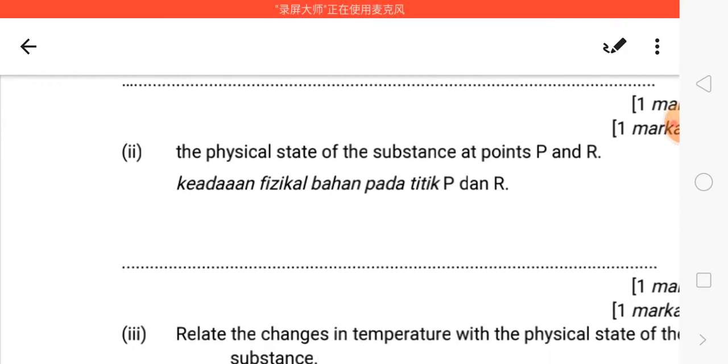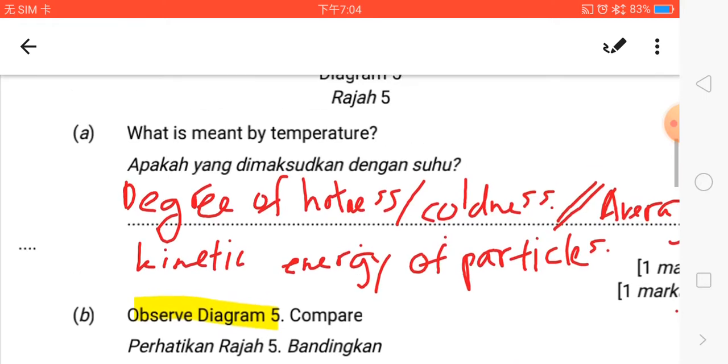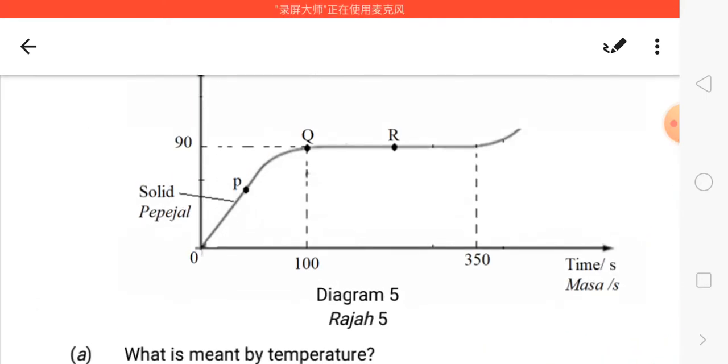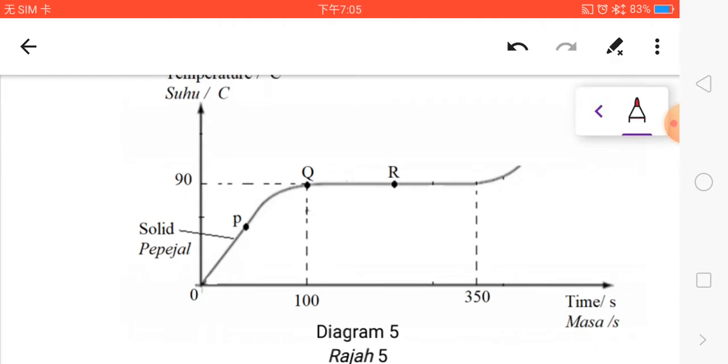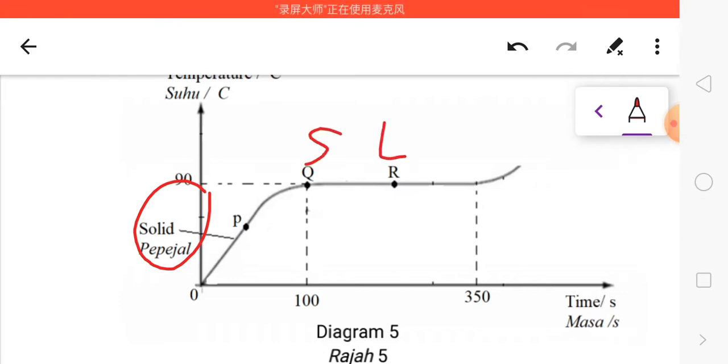And second, the physical state of the substance at point P and R. At point P, the substance is in liquid. Oh no, sorry, it is solid. We know the temperature increases, so this is solid. And here it is solid and liquid.